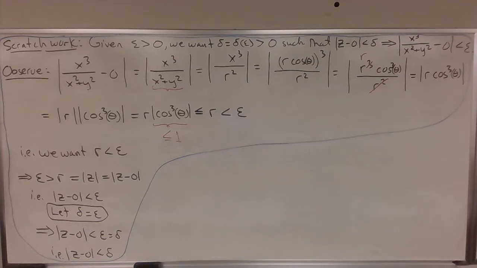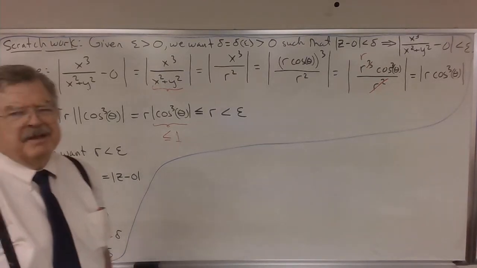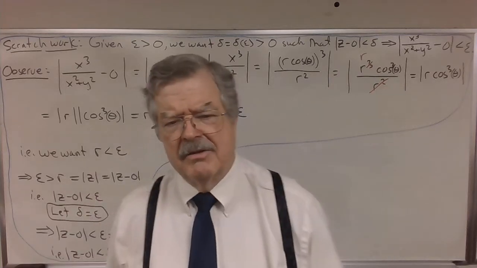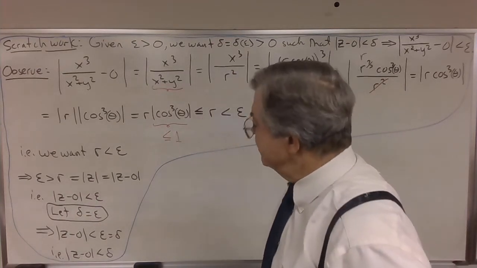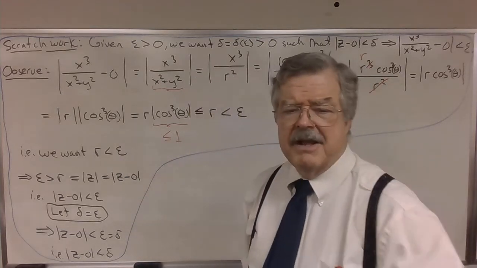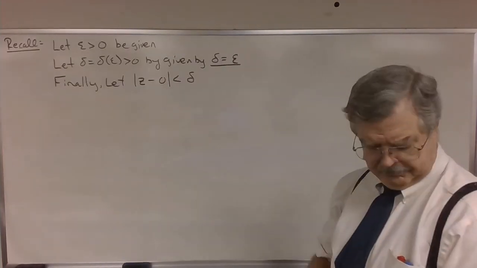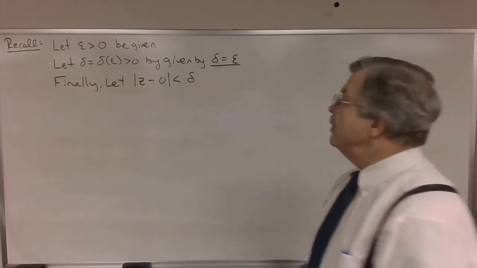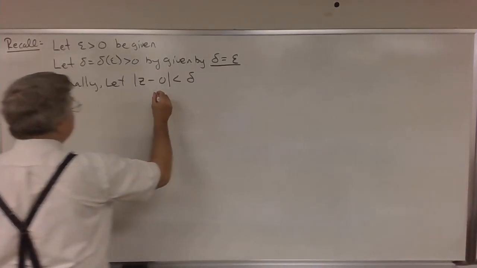Now I can go back to where I was when I got stuck because I didn't know what delta was. And I'm going to use the results of the scratch work to fill in the blank for my delta. So we're back to where we left off.